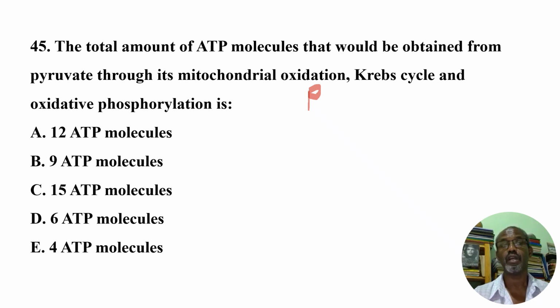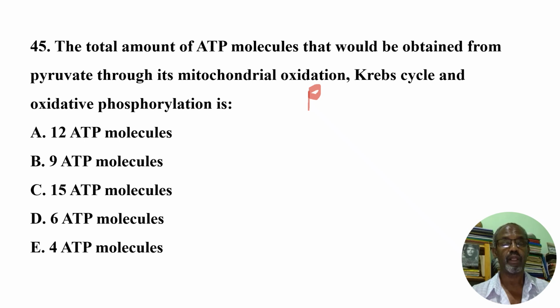Therefore, change 4 NADH and 1 FADH2 into energy. 1 FADH2 is 2 ATPs, 1 NADH is 3 ATPs. 4 NADH, 3 in the citric acid cycle, 1 in the link reaction. 4 times 3 is 12.